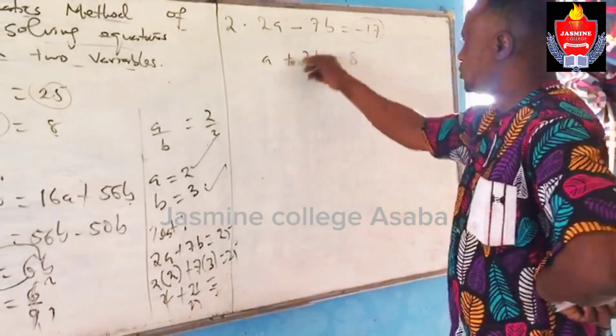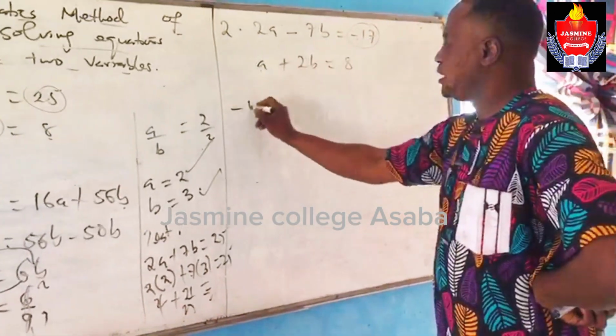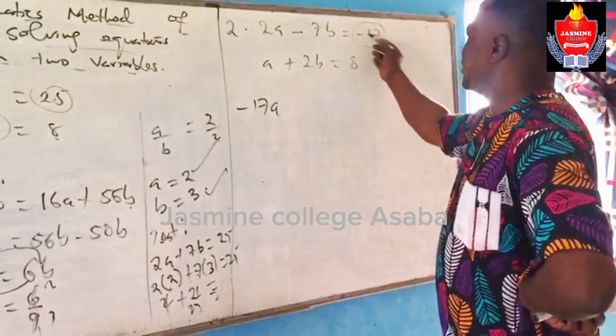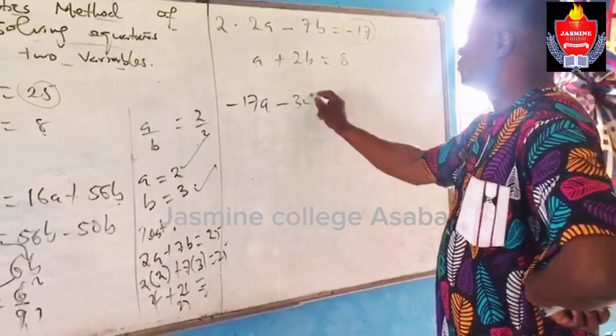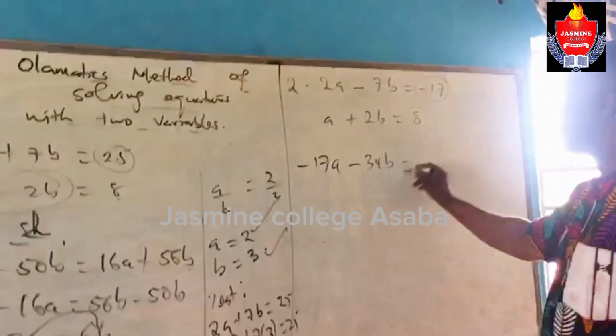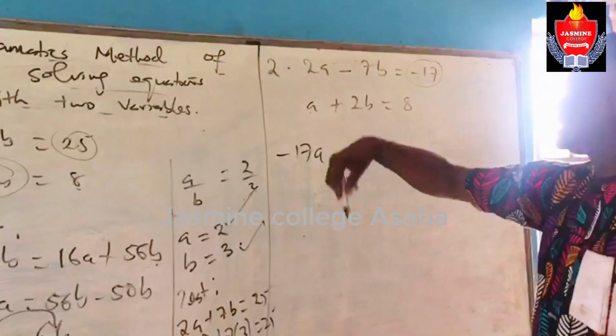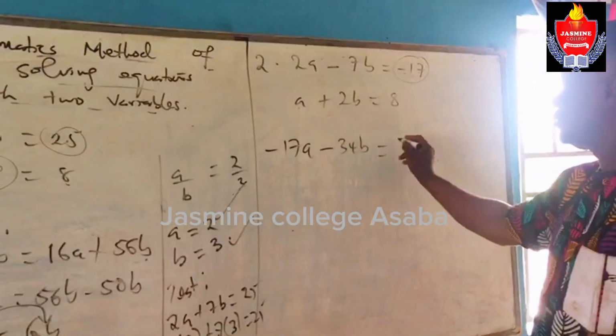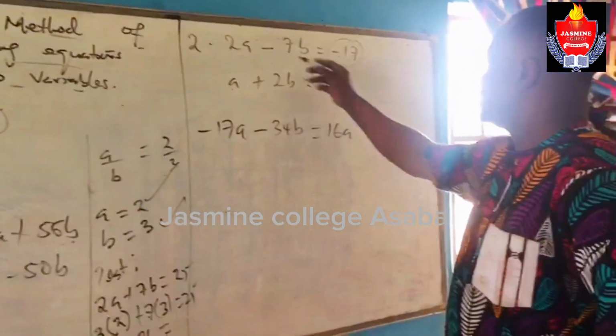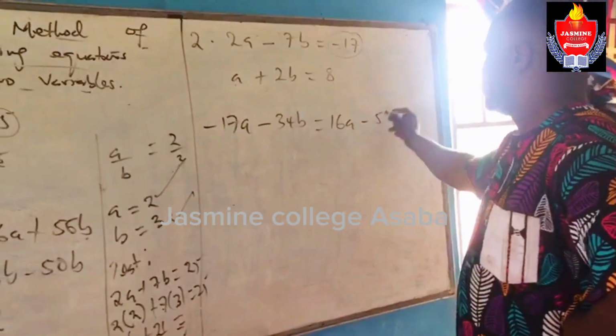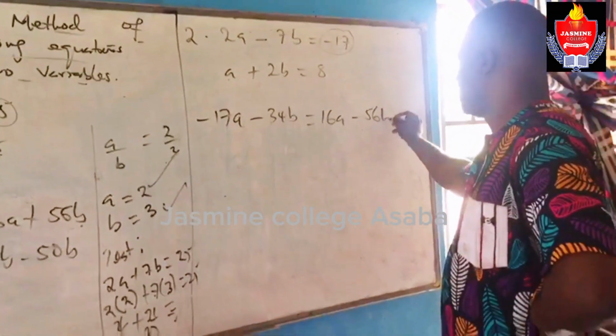Minus 17 times A should give minus 17A. Minus 17 times 2B is minus 34B equals, now you are taking this 8 to multiply these two entities. 8 into 2A should give 16A. 8 into minus 7B, you have minus 56B.